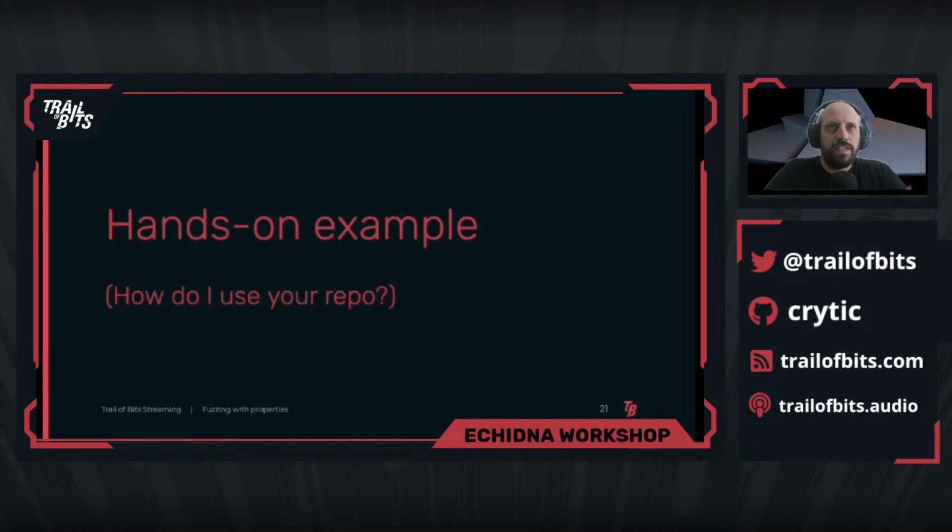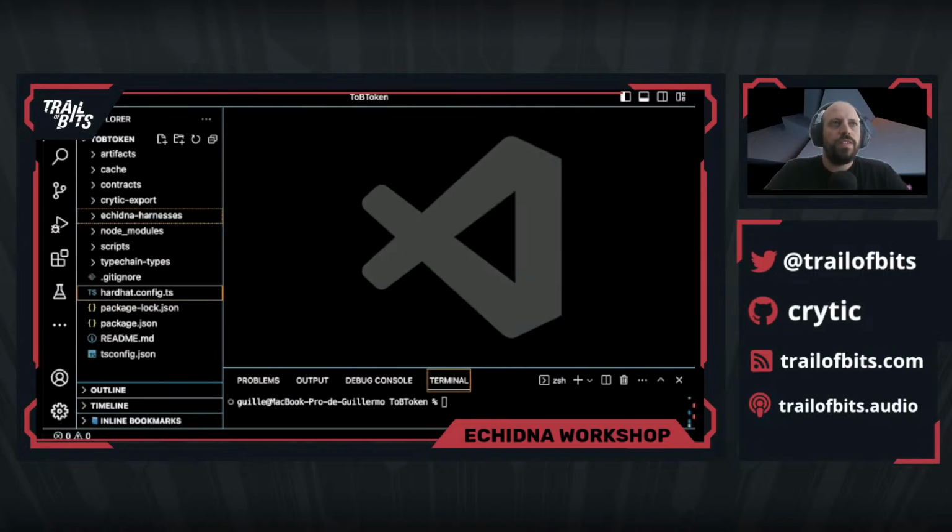Let's go to the hands-on example and see how to implement the properties repo in your own project. What we have here is an example Hardhat project for a non-existent Trail of Bits token. We will be using this as the base token we will be running the tests on.